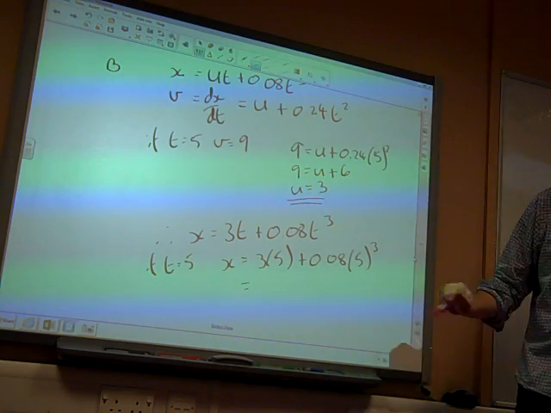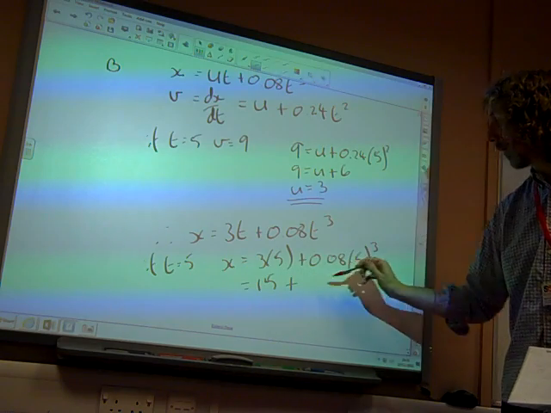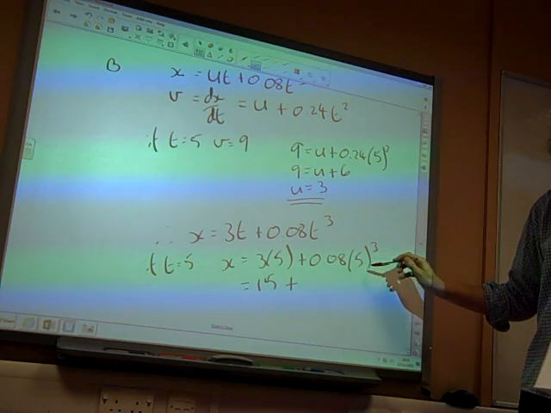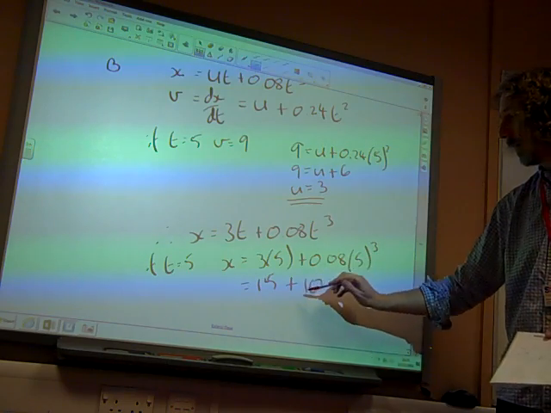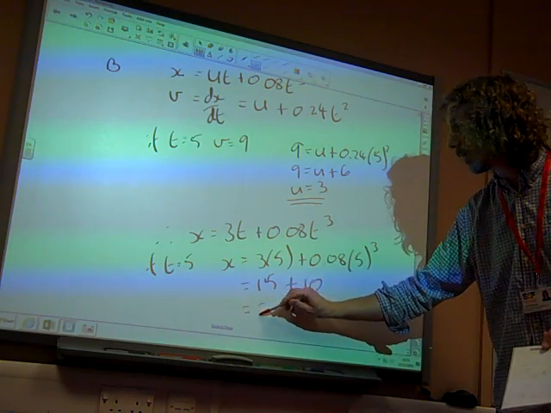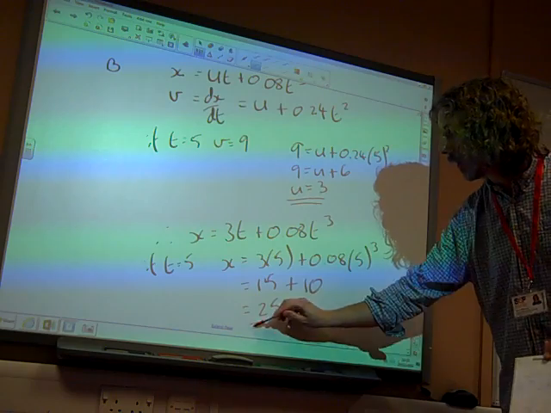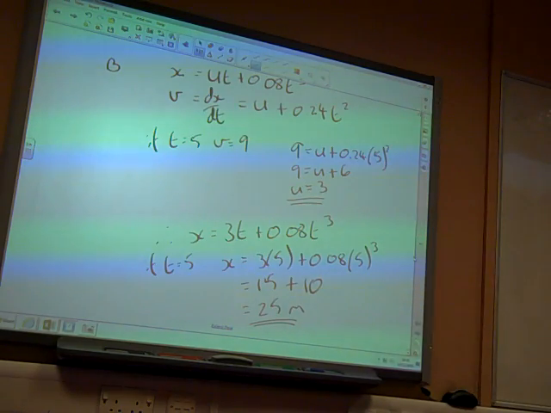And that gives us 15 plus 0.08 times 125, which is 10. So x is 25 metres as required. That's what we were meant to verify.